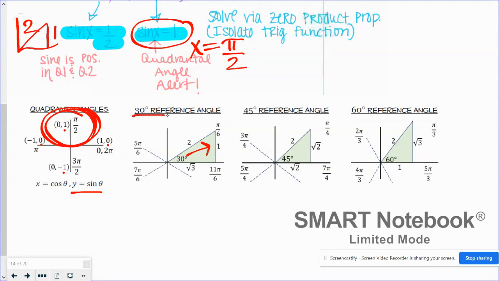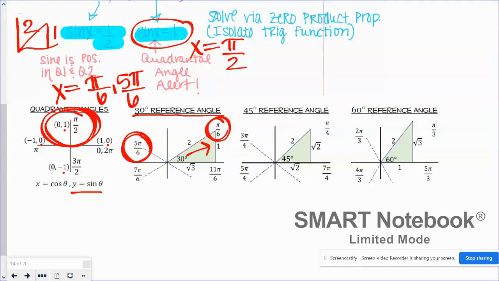It's a 30-degree reference angle. And we have already said that sine is positive in quadrants 1 and 2. So that means x is also equal to pi over 6 and 5 pi over 6. So we have a total of 3 solutions: pi over 6, 5 pi over 6, and pi over 2.